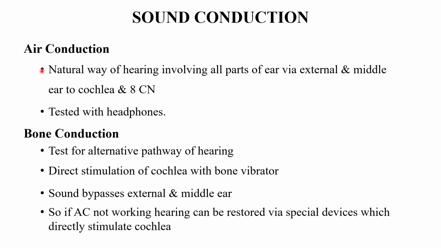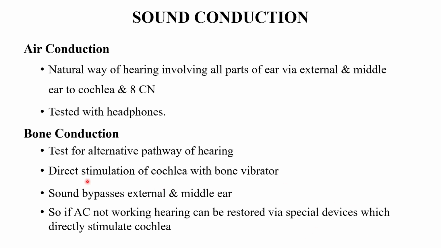Air conduction is the natural way of hearing, involving all parts of the ear via the external and middle ear to the cochlea and eighth cranial nerve. It is tested with the help of headphones. Air conduction is a complete test of hearing as it passes through the natural pathway of hearing via all parts of the ear and into the eighth nerve.